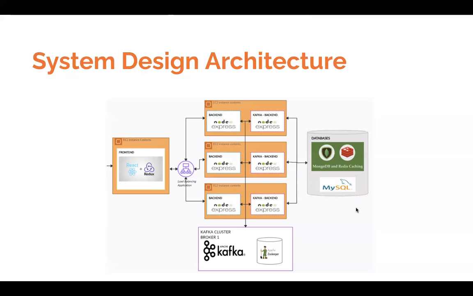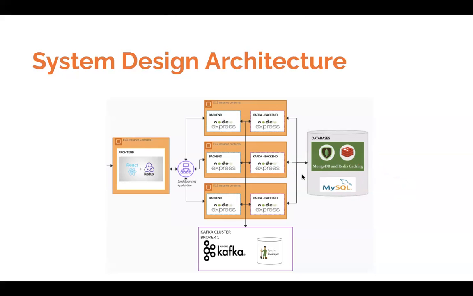We also have Redis used here for caching. Whenever any API is hit and data is fetched from the database, instead of fetching the data repeatedly, we are going to cache that data in Redis.